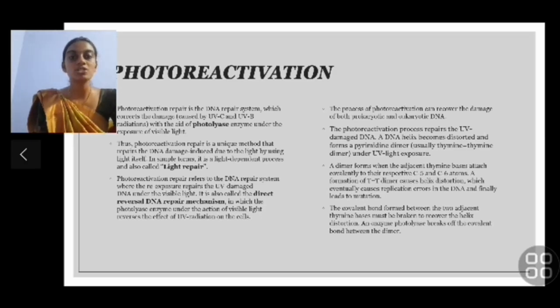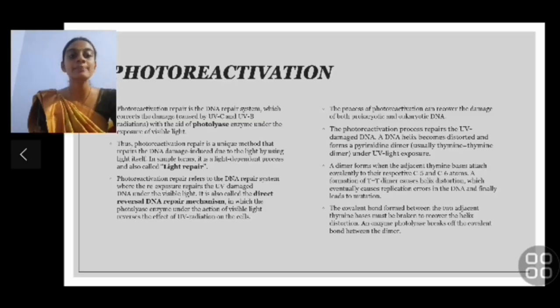The formation of a thymine-thymine dimer causes distortion of the helix, which eventually causes replication error in the DNA and leads to mutation. The covalent bond formed between the two adjacent thymine bases must be broken to recover the distortion.